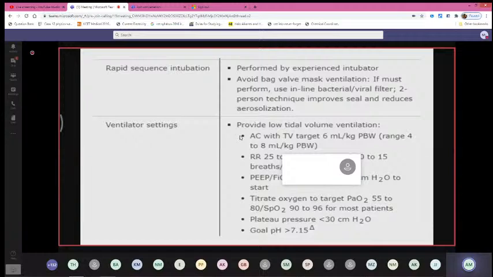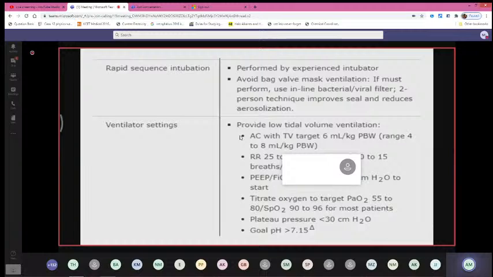So we have a lot of parameters to monitor like positive end-expiratory pressure, respiratory rate, fraction of inspired oxygen. These are the knobs which we play with and try to give adequate oxygenation to the patient with the minimum fraction of inspired oxygen concentration, because the higher the oxygen, once again, the more toxic it is.